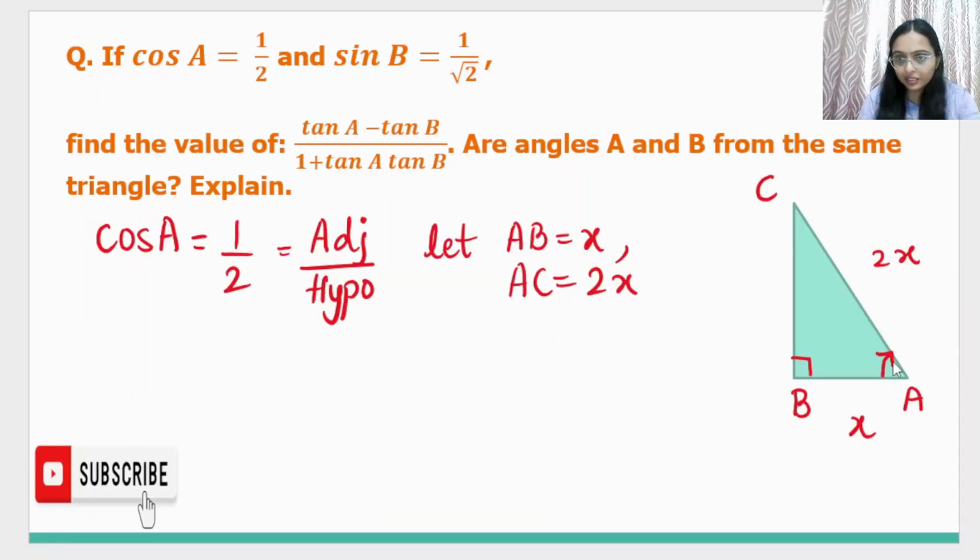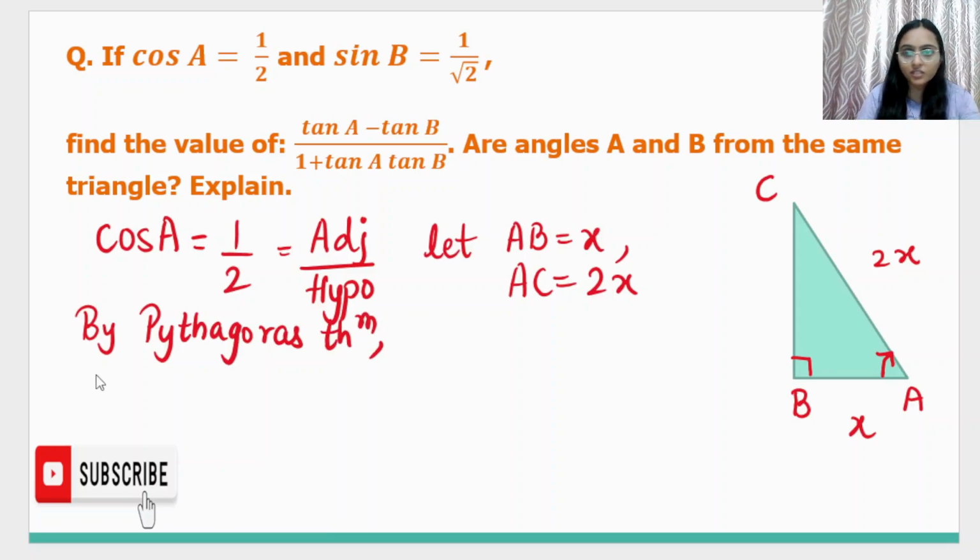By Pythagoras theorem, 2x the whole square equals x square plus BC square.